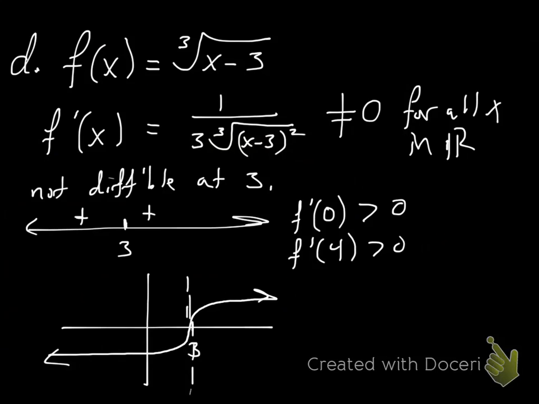We don't have to worry about the undefinedness because I can plug 3 into the original function. So it's a little bit different than that example we did where it was x plus 9 over x. We had to jump over 0 because it wasn't defined in the original function.